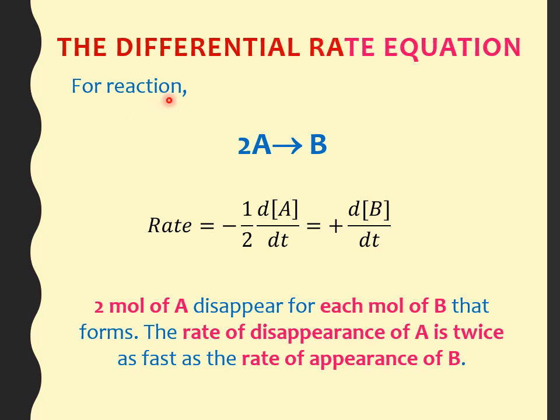And for a reaction that has stoichiometric coefficient 2A becomes B, the differential rate equation would be negative 1 over 2 d[A]/dt equals plus d[B]/dt. So here, 2 moles of A disappear for each mole of B that forms. The rate of disappearance of A is now twice as fast as the rate of appearance of B.